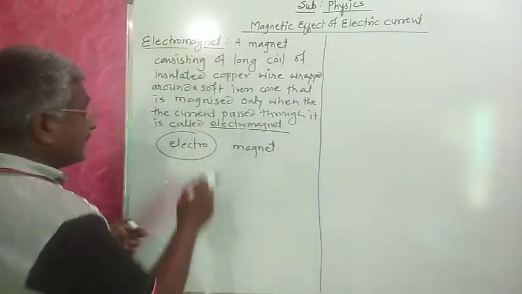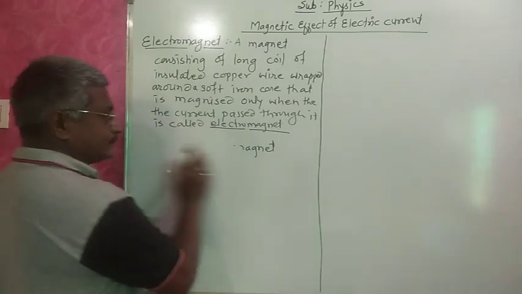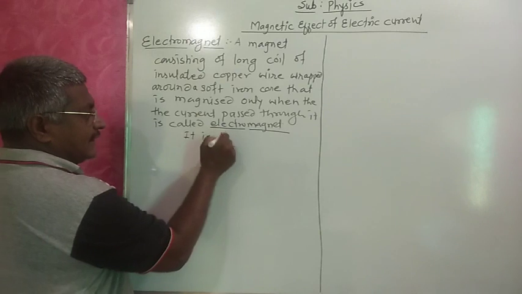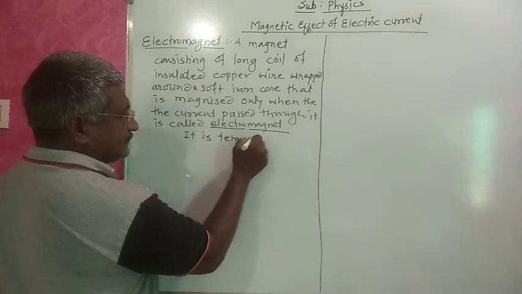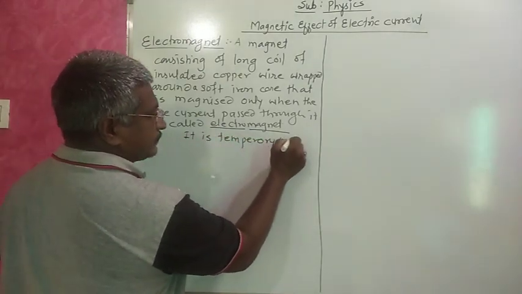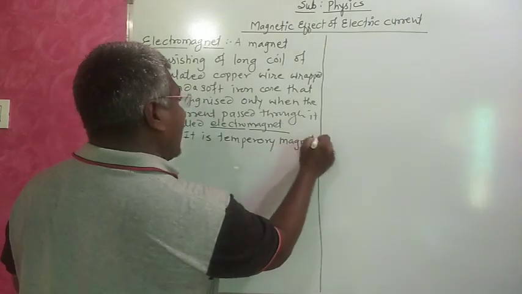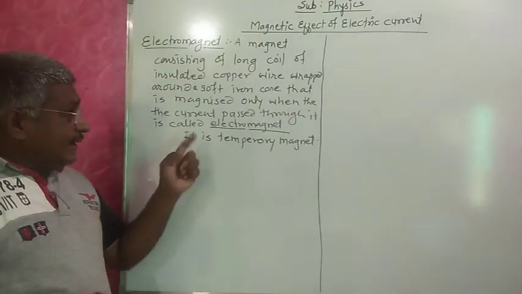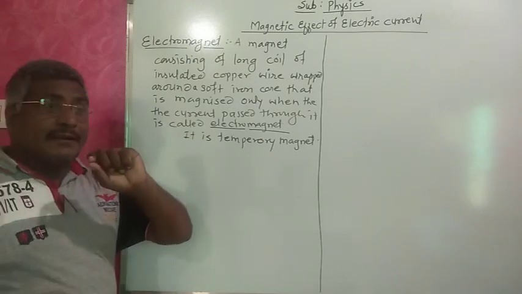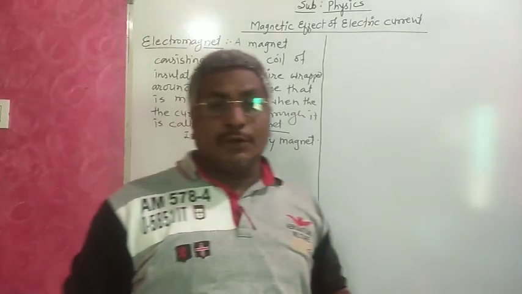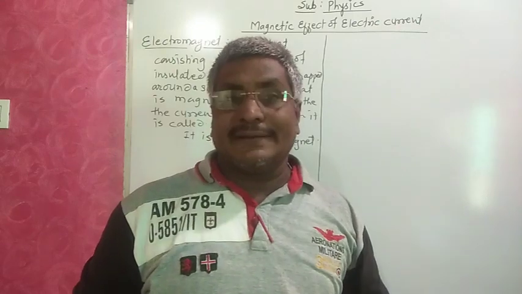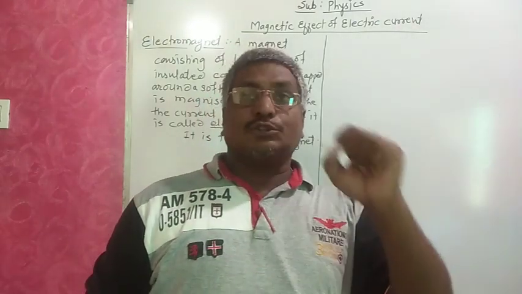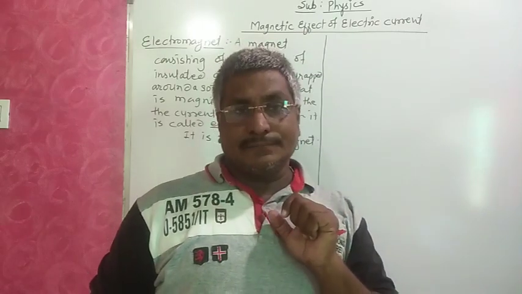It is a temporary magnet. Why is it called a temporary magnet? Because according to our wish, we can produce the magnetism and we can stop the magnetism.